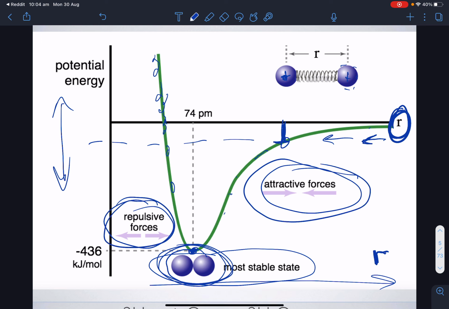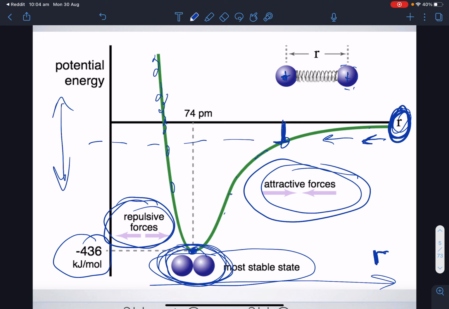So for this atom, I forget what it is here, but when they're infinitely far away compared to when they form the bond, it's negative 436 kilojoules per mole. Or when you make this bond between them, you get 436 kilojoules per mole. Okay?